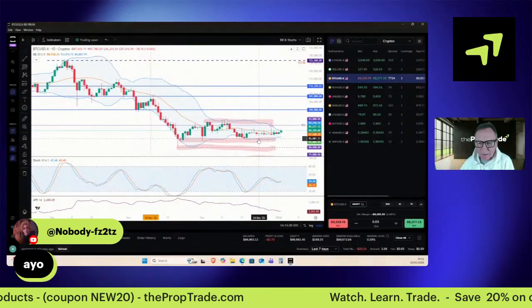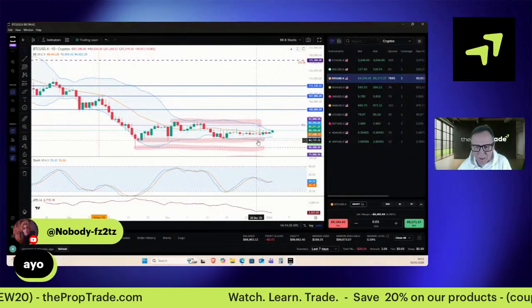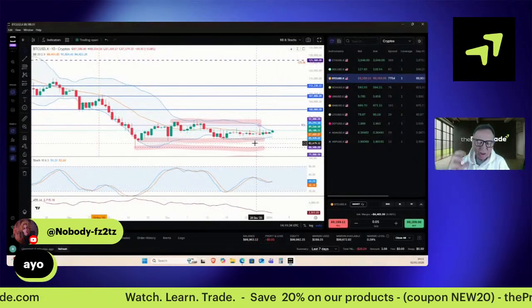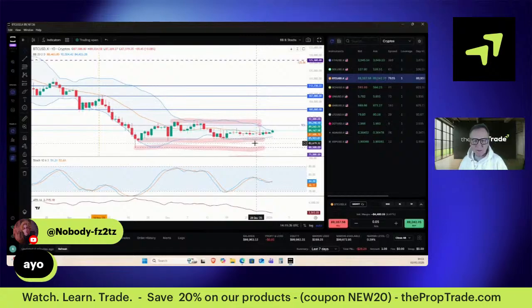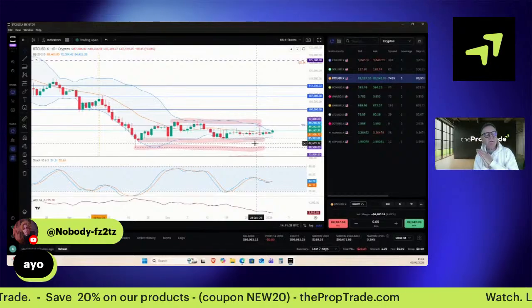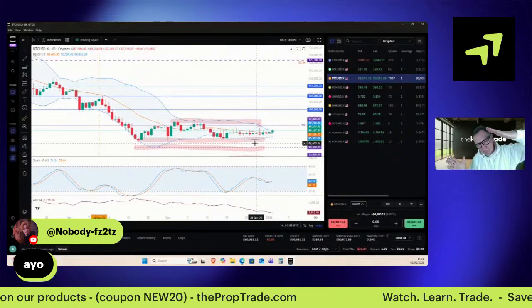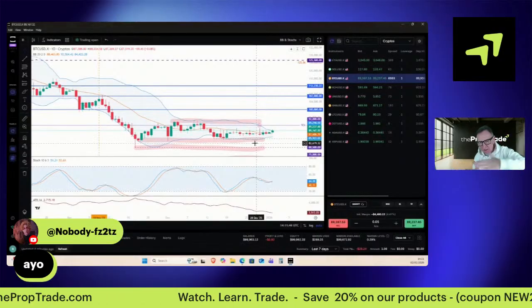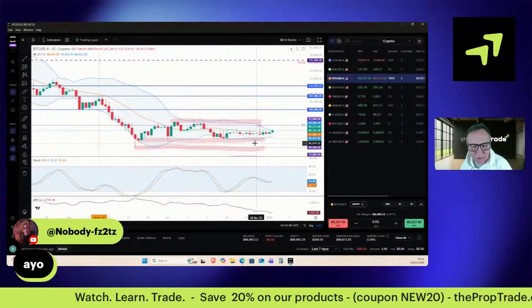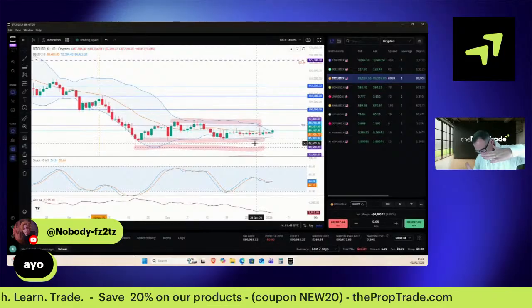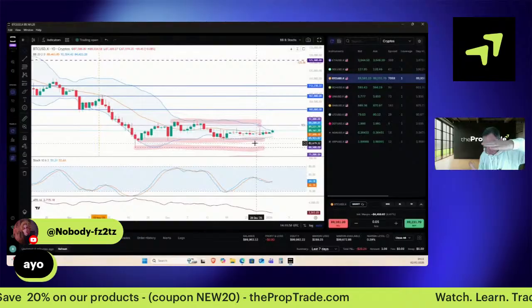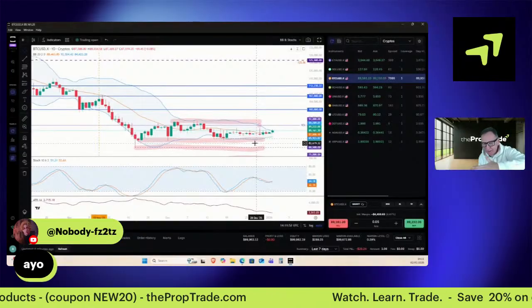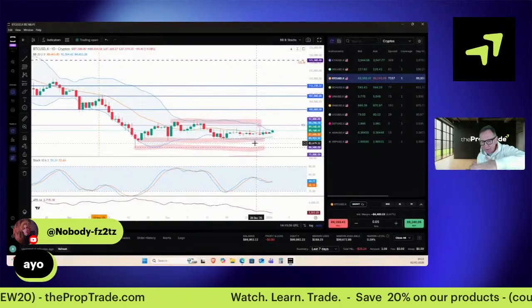That's the key thing. The interesting thing here for me as well is the compression in the Bollinger Bands. Remember what Bollinger Bands are measuring: volatility. As the bands get closer together, the less volatile the asset is. As with a balloon, if you press it in, the pressure builds up, and that's what's happening here.